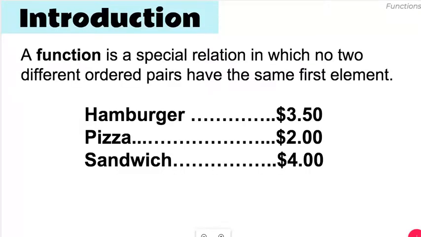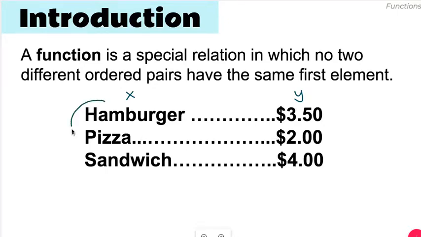Okay, so let's look back at our menu. Reminder, a function is a relation where no two different ordered pairs have the same first element. So if we go back to our menu, our first value, or we could say our X value, was the item. Our Y value was the price. So our first element was the item. Our second element was the price.